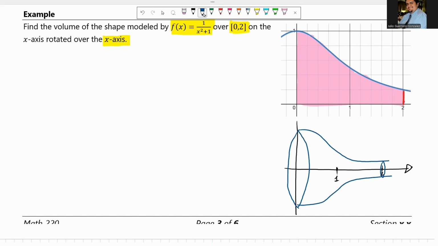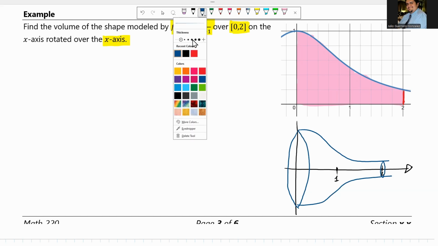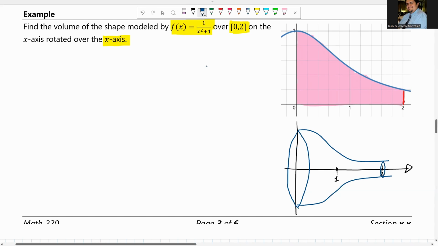We're going to do the cylindrical shells. Okay. So I'm going to go ahead and thicken up my pen a little bit so I can draw one of these representative soda cans. Bam. And then I'm going to try to do the same thing over here.